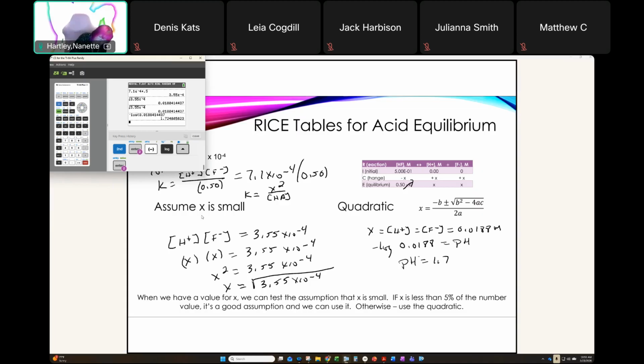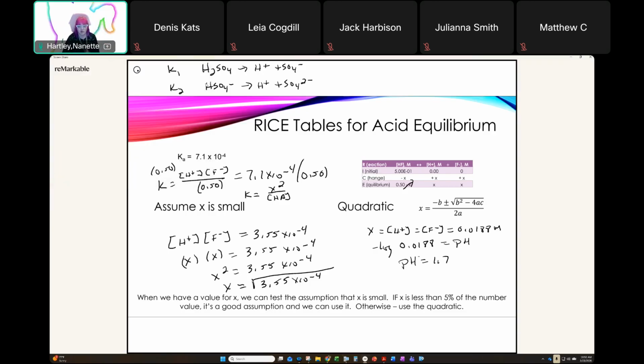H2SO4 going to H plus and HSO4 minus has one K value, and a second K value for HSO4 minus going to H plus and SO4 2 minus, because those are two different values. Then this setup would never work for H2SO4 to just come apart to be SO4 2 minus.